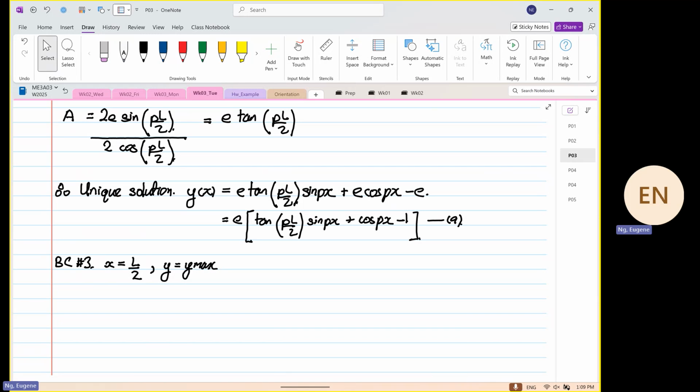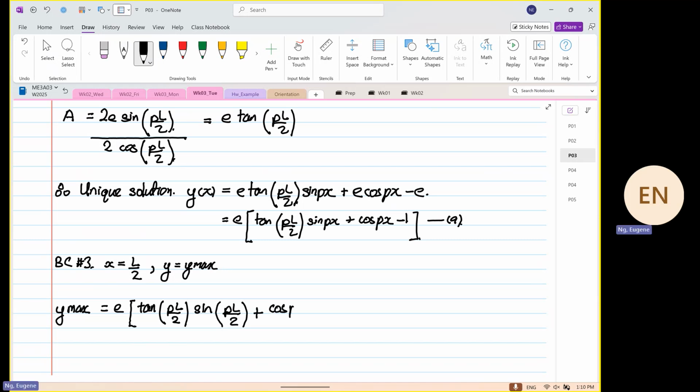So we know that we have y max will be equal to E, right? And then we have tangent bracket P/2. And then we have sine. Now x is also equal to what? P/2 plus by cos, right? PL bracket P/2.